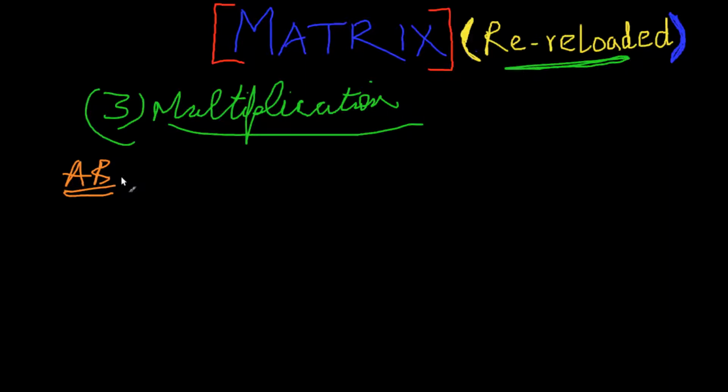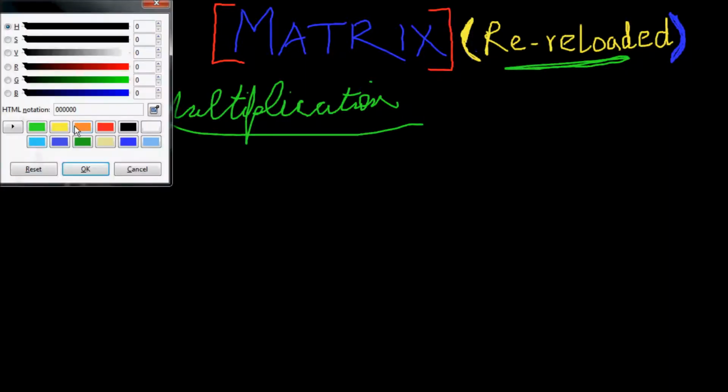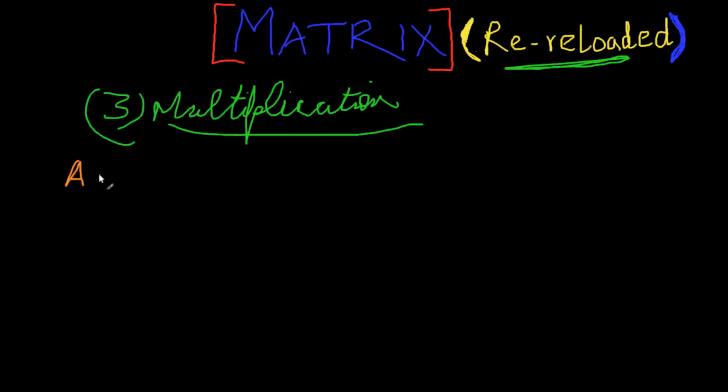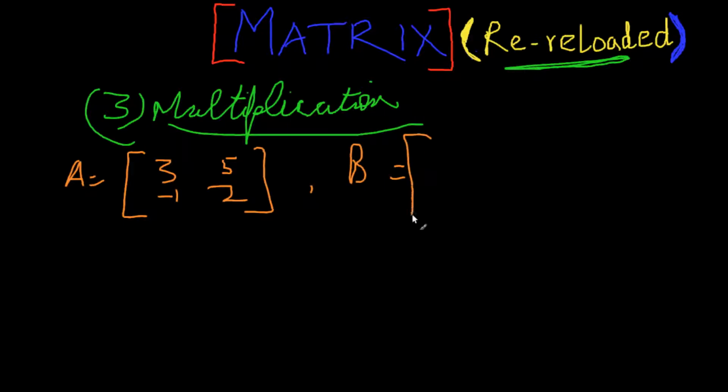Alright, if you have a matrix A equals 3, 5, minus 1, and B equals 4, 7. Matrix A is of order 2 by 2. Matrix B is of order 2 by 1.